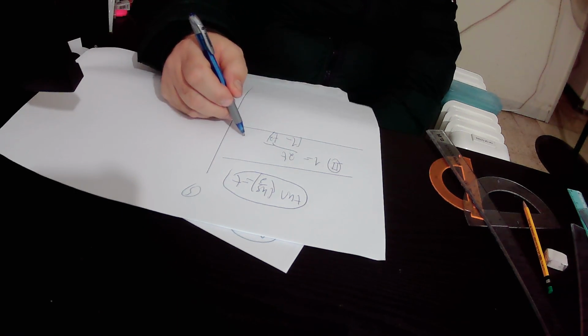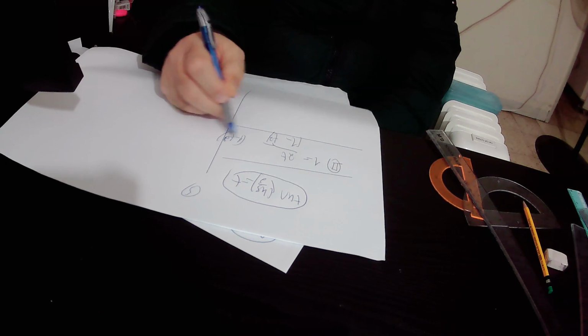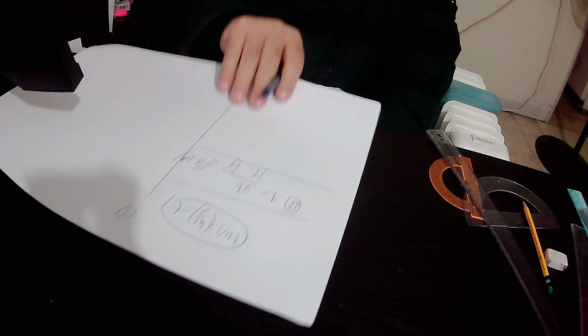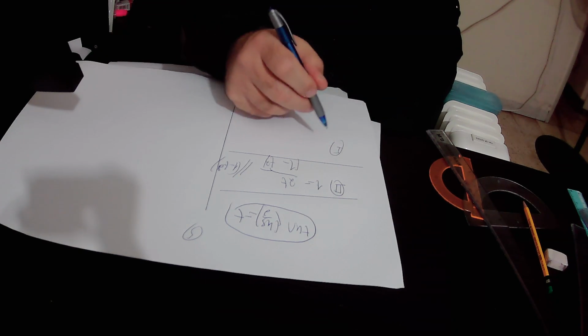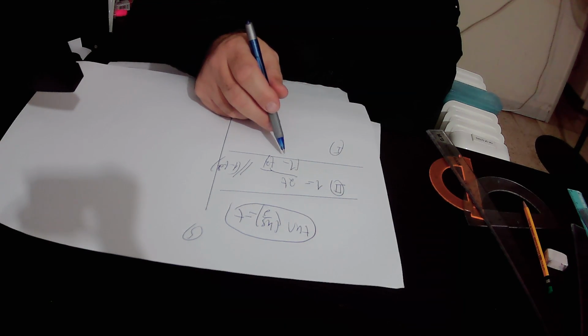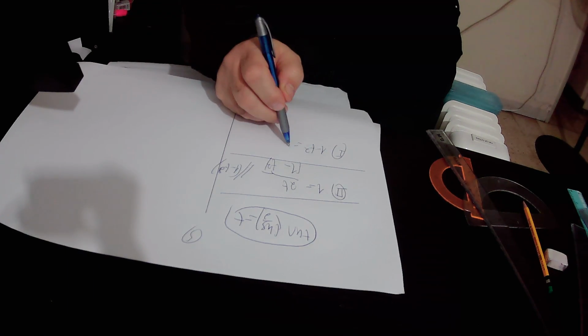Here we will multiply this equation number 2 by 1 minus t squared, and we get that according to equation number 2, 1 times 1 minus t squared is 1 minus t squared, that is equal to 2t.